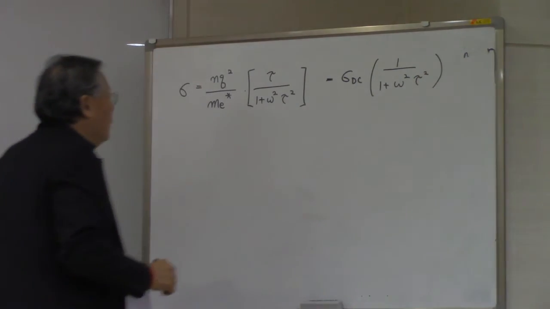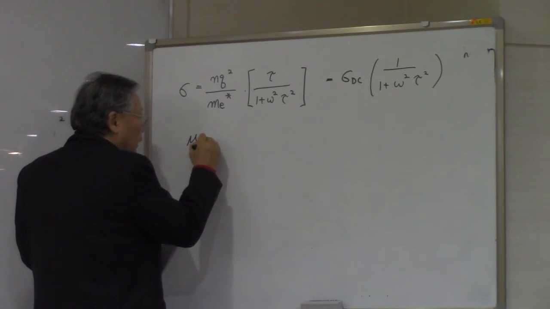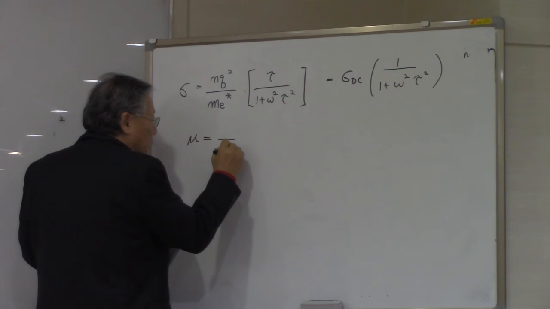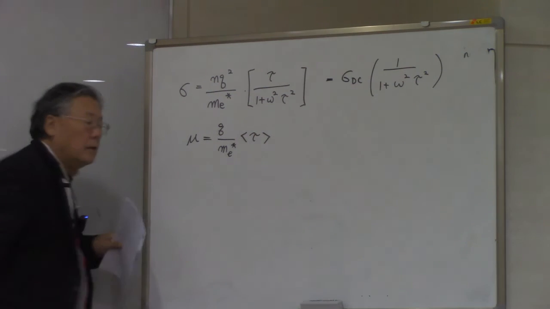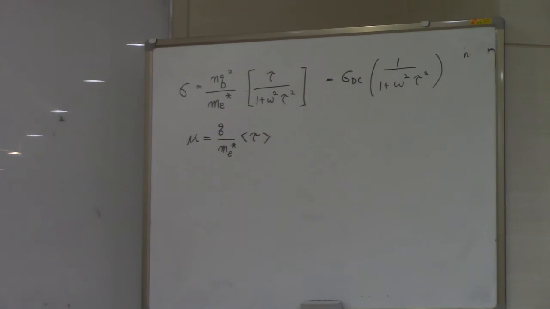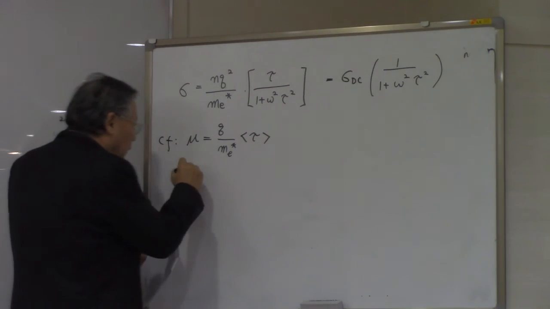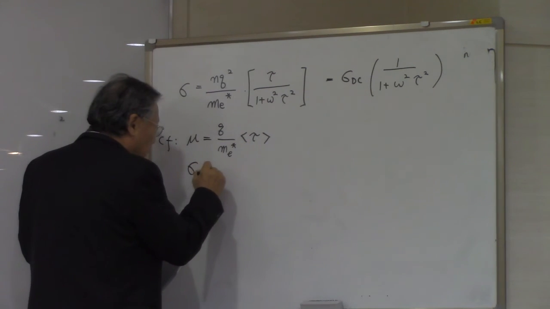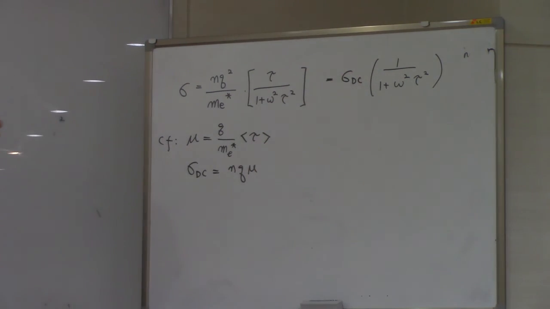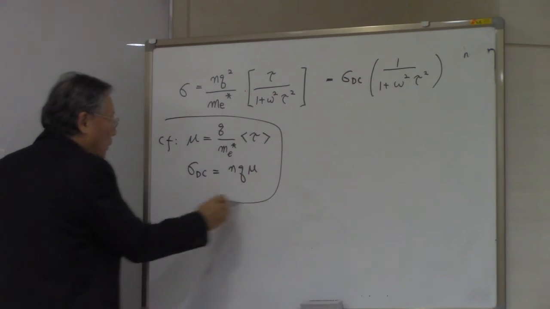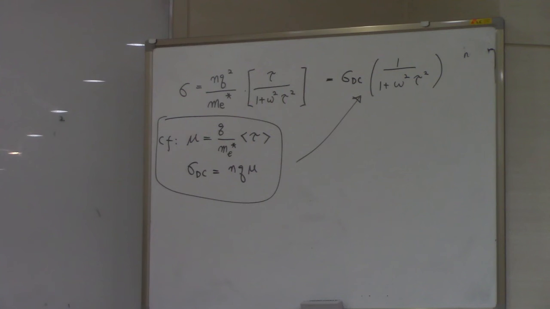You remember that the mobility is q over me star times the relaxation time tau, something like that, okay? And the conductivity is going to be n q mu. So if you remember this and put it into this, then you end up with something like that.